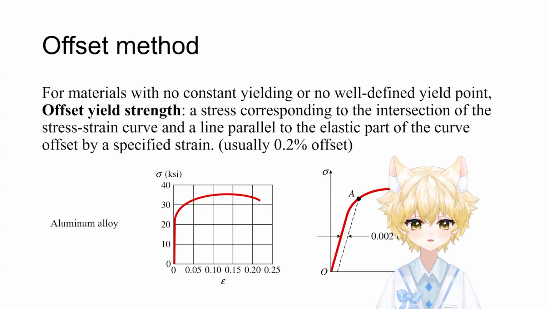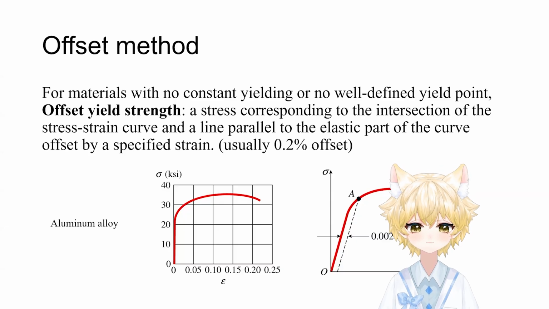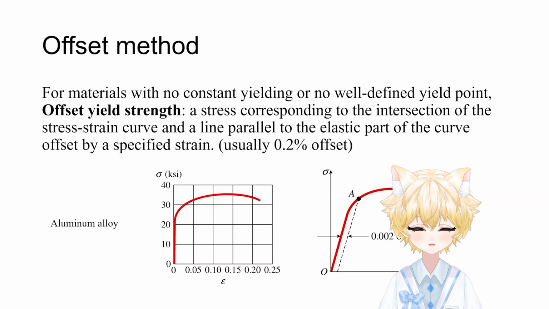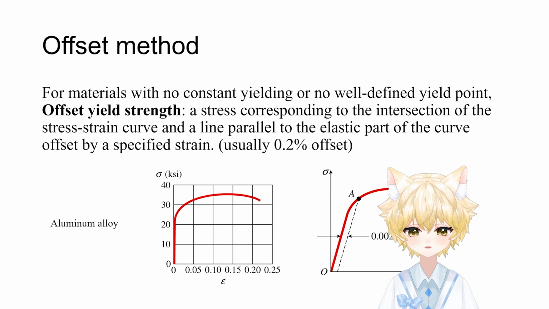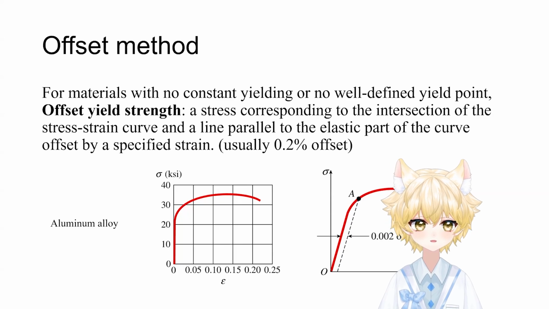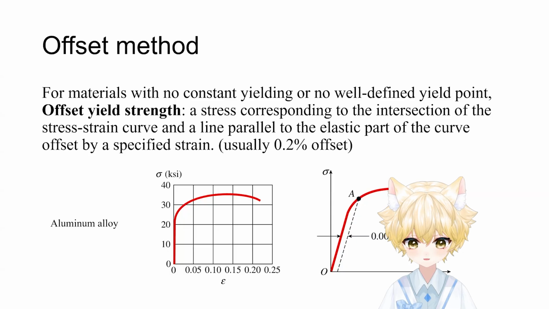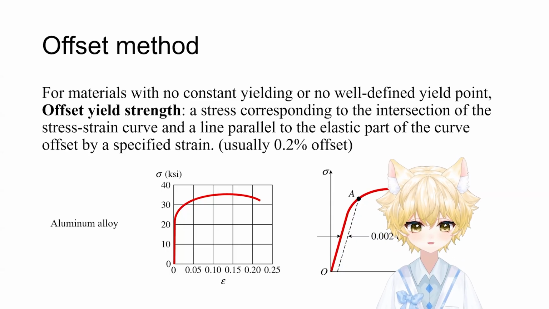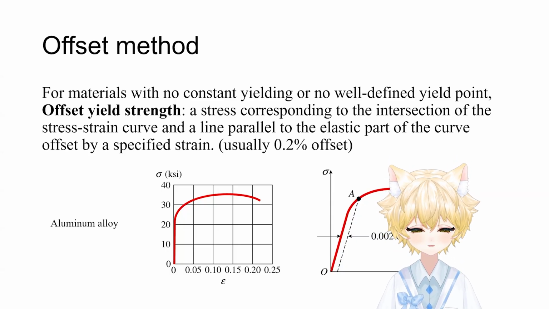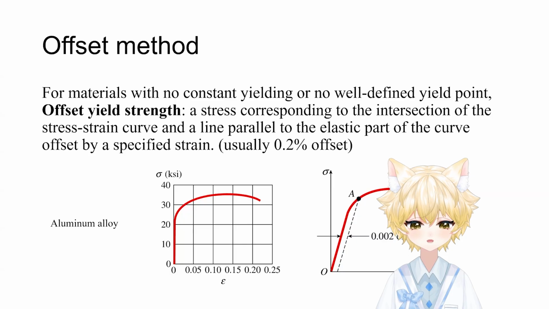First, we define a specific amount of plastic strain that we consider significant. Usually that is 0.2% or 0.002 strain, right? Then we mark that 0.002 strain point on the x-axis because the x-axis represents the strain, right?